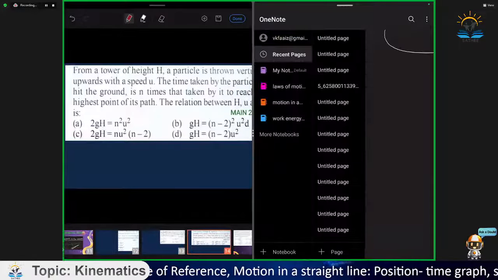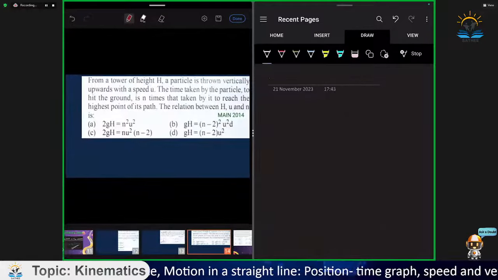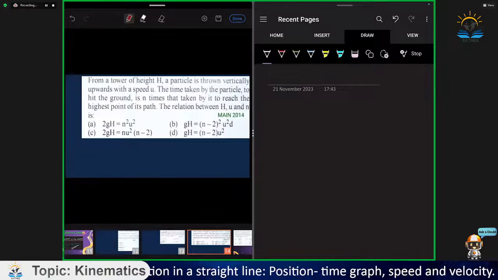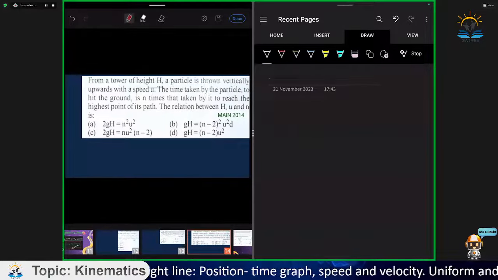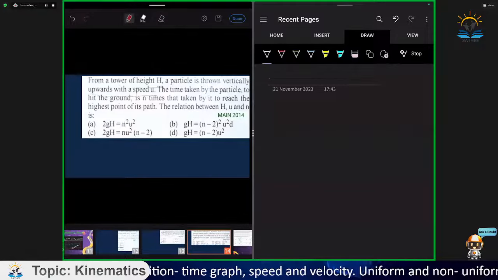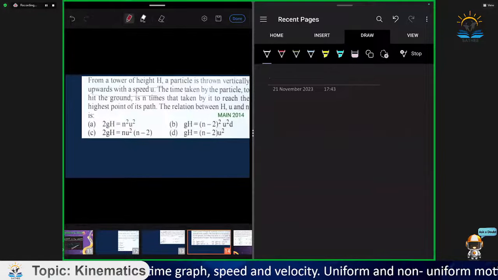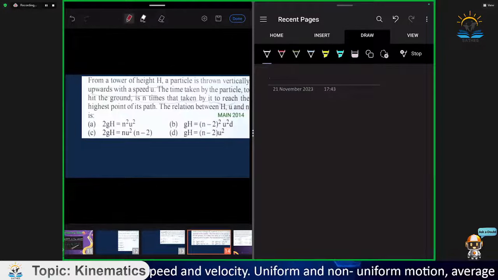Next question is from a tower of height h. From a tower of height h, a particle is thrown vertically upwards with speed u. The time taken by the particle to hit the ground is n times that taken by it to reach the highest point of its path.